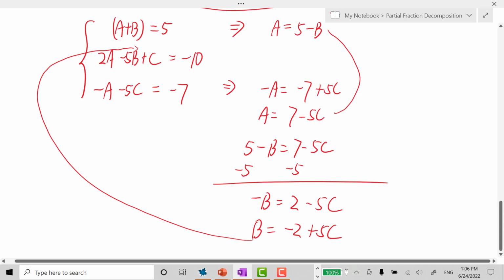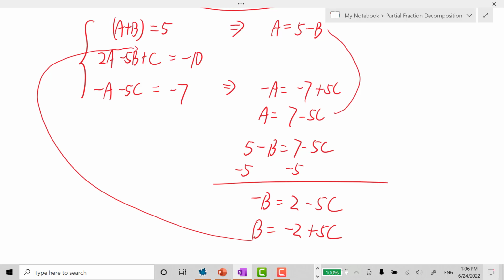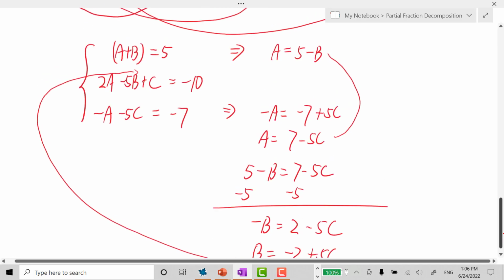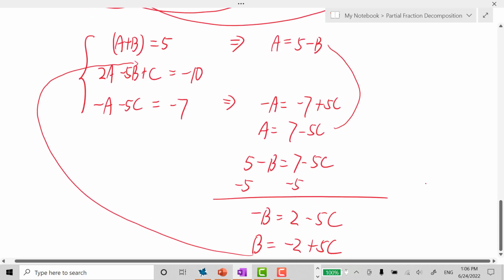Once we figure out one of the variables, the rest of them will follow. So this one goes in the second equation. And also we know that a is equal to, so now we change b to c. Right? Also we need to change a to c. So a goes in here.